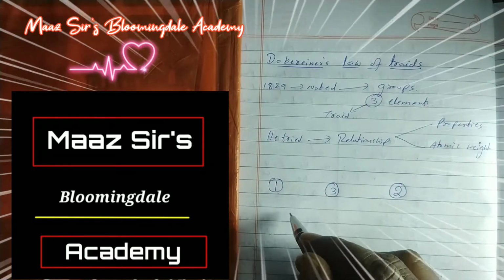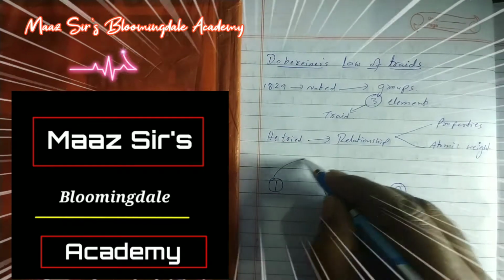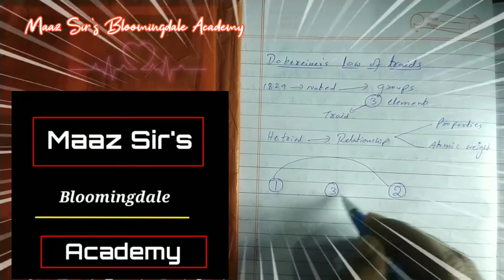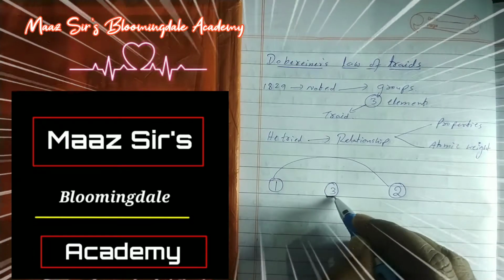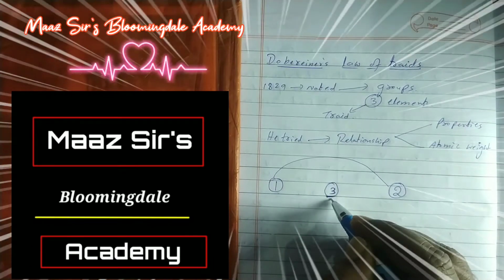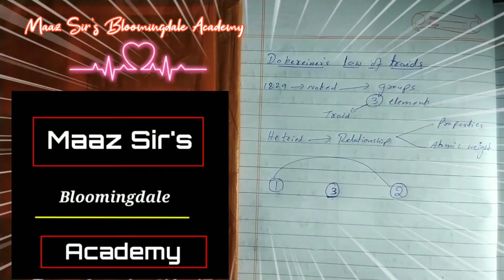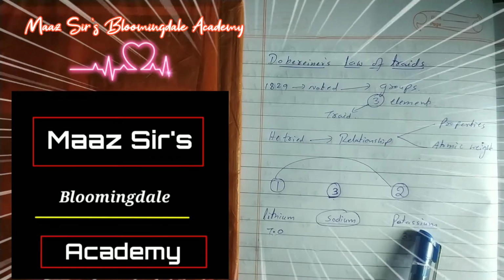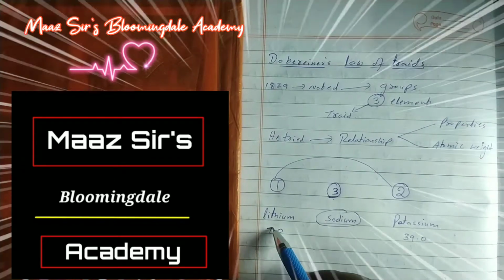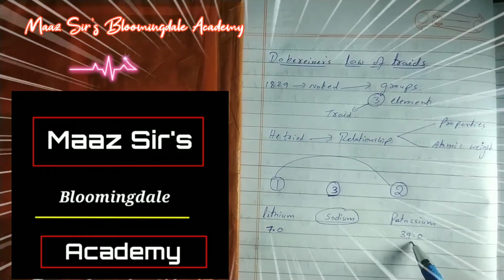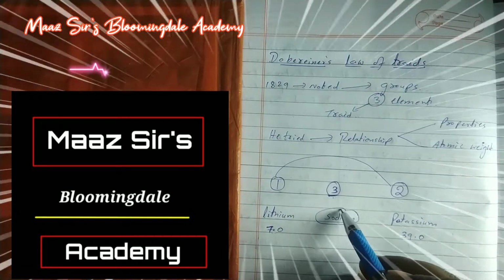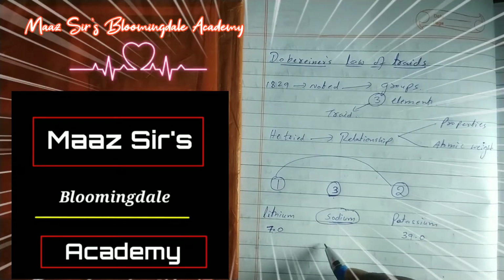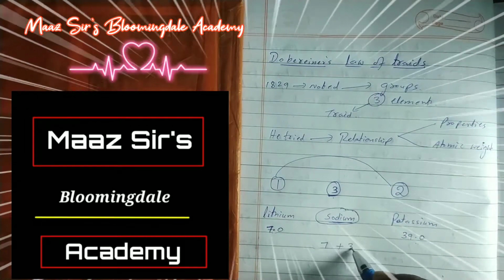what he did, he has taken the mean of both these elements and found out the middle value. For example, he has taken lithium and potassium. The atomic weight of lithium is 7 and that of potassium is 39. So he placed the middle element as sodium. He has taken the average of both of them.